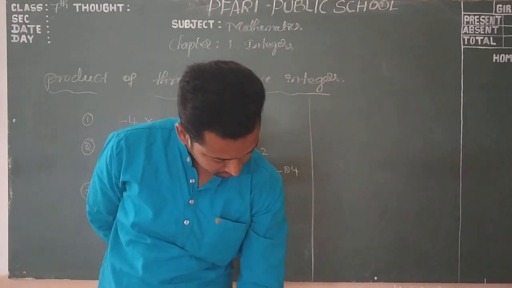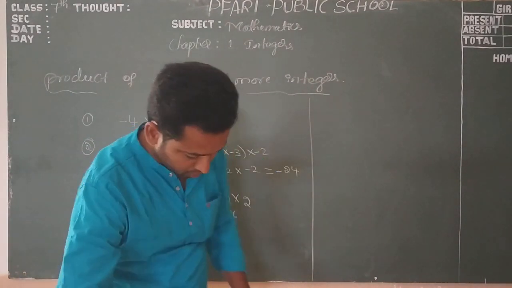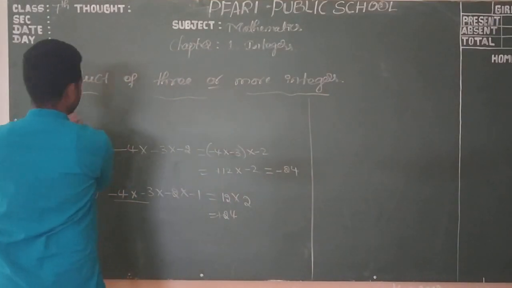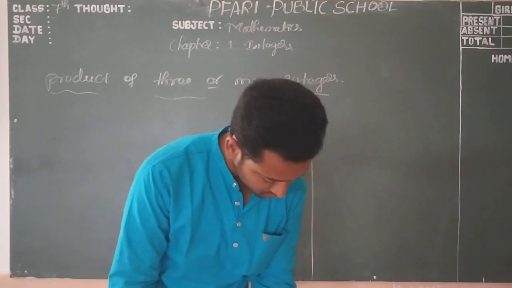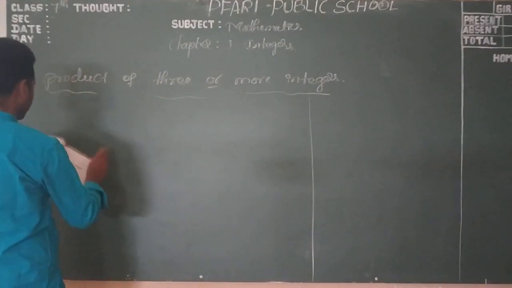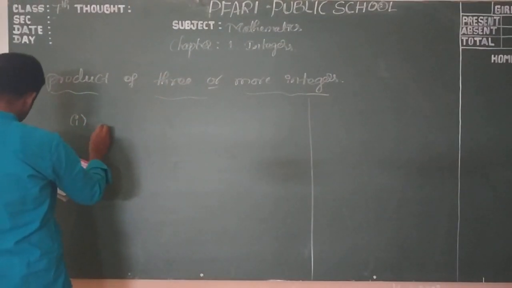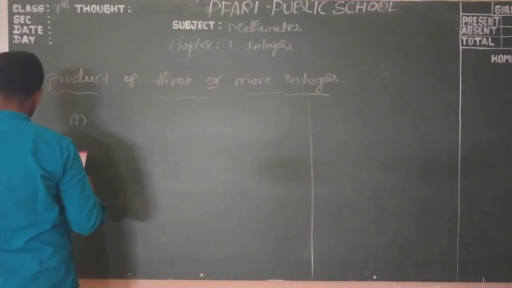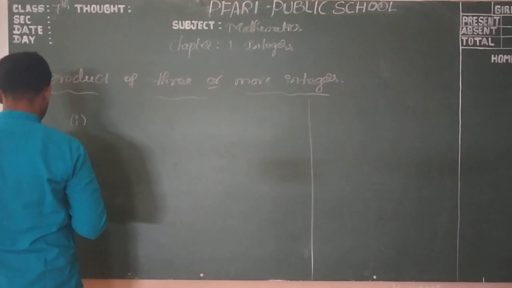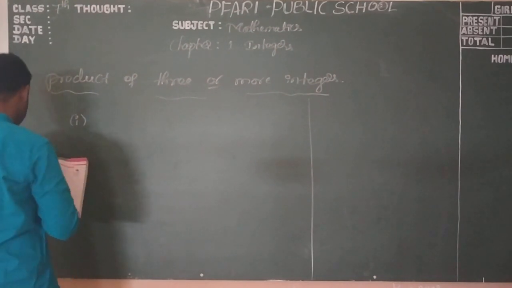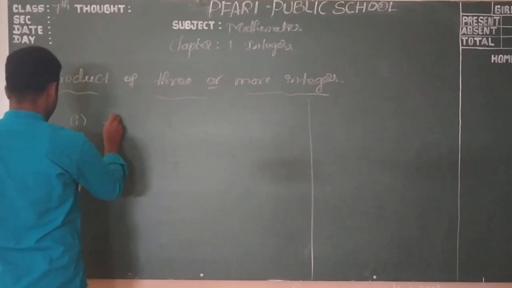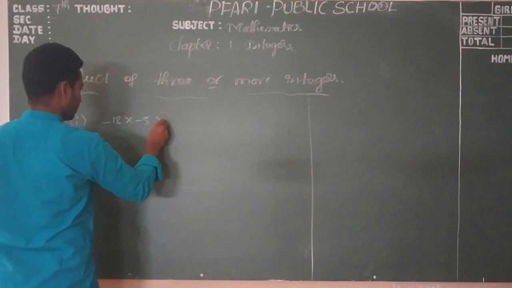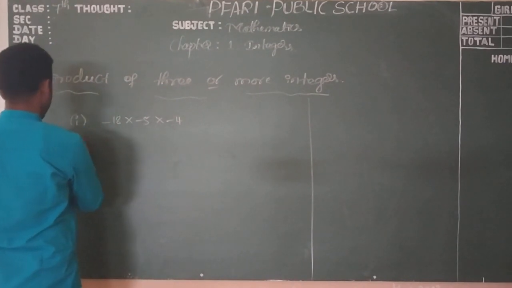Think, discuss and write the product. One is an example. You may solve these problems. The product of minus 18 into minus 5 into minus 4.